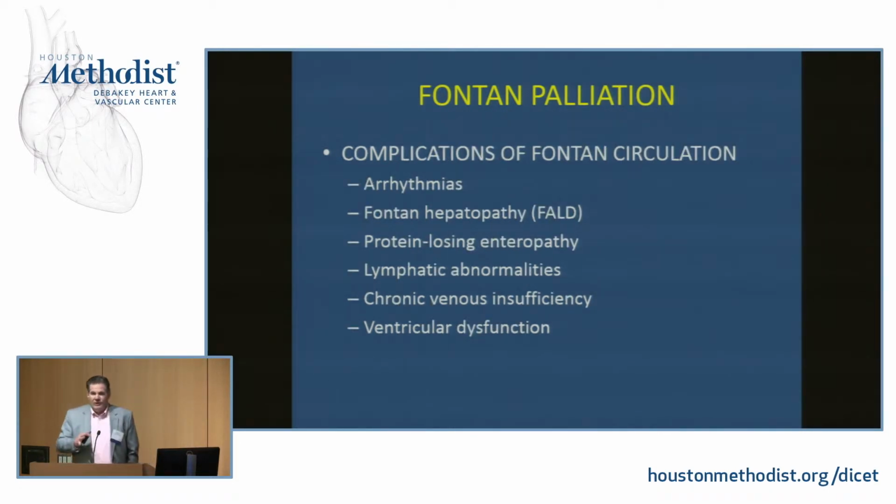There's a long list of complications of the Fontan circulation. I'm going to try to get through some of the more common ones. The arrhythmias are common. Fontan hepatopathy, also called Fontan-associated liver disease. Protein-losing enteropathy. There are lymphatic abnormalities, chronic venous insufficiency, and ventricular dysfunction.